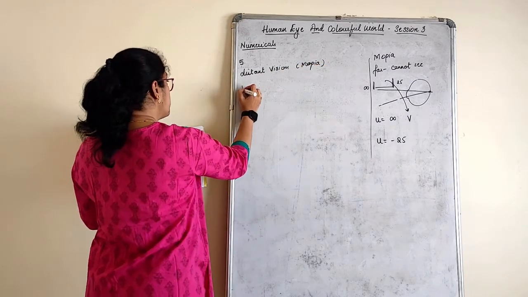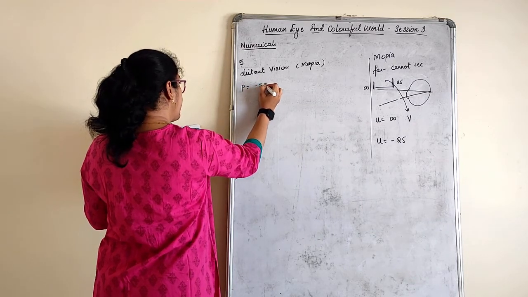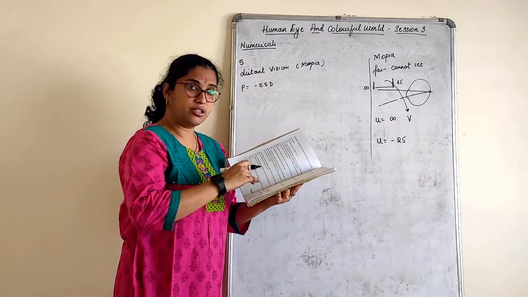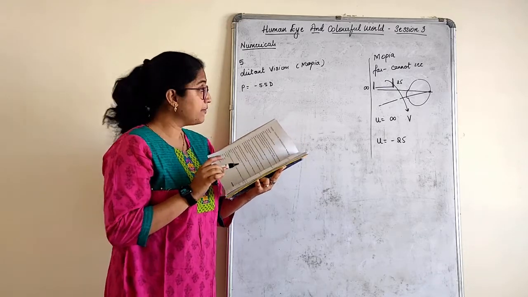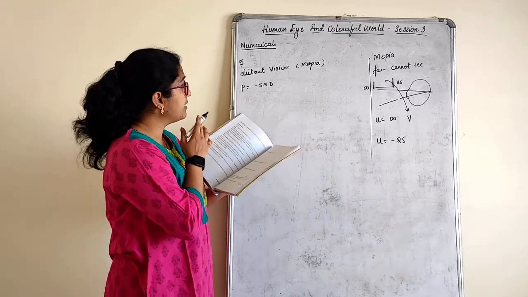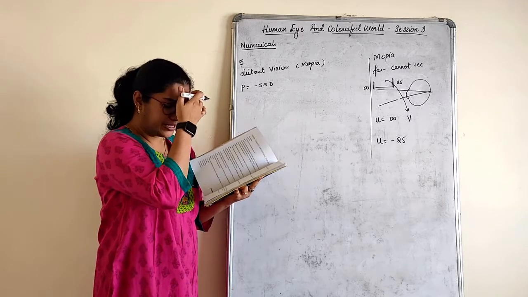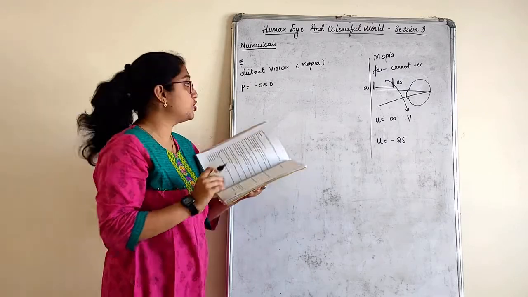Okay. So the correcting lens power is minus 5.5 diopter. And for correcting his near vision, he requires plus 1.5 diopter. Why? Because for myopia he requires a concave lens. That is why. They have not asked what type of lens. What is the focal length of the lens required for distant and near vision?